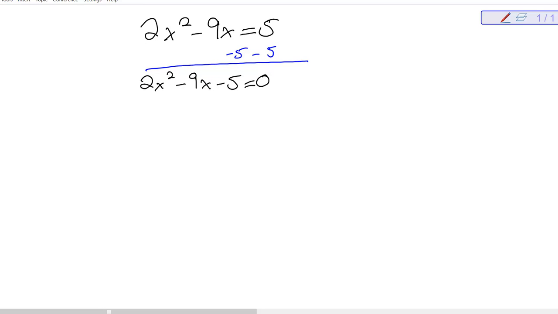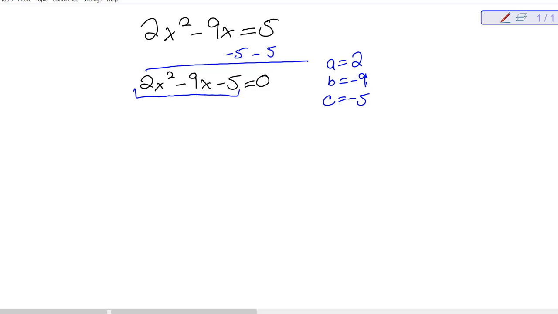And remember that when we're factoring this part right here, I need to find out what my a is, my b is, and what my c is. So my a is 2, my b is a negative 9, and my c is a negative 5. And it's a negative 5 because I had to move it across the equal sign.